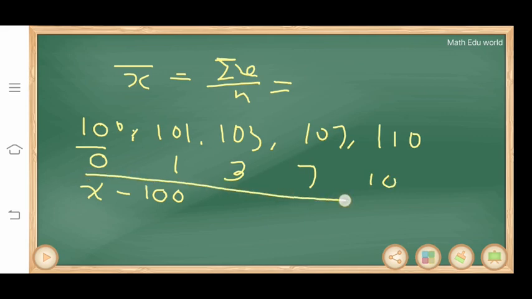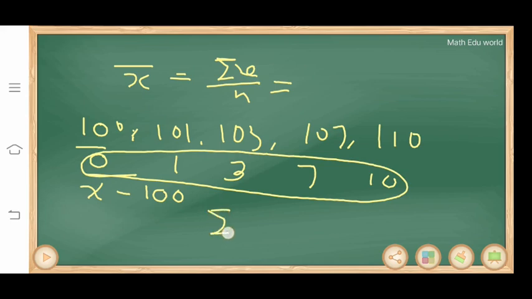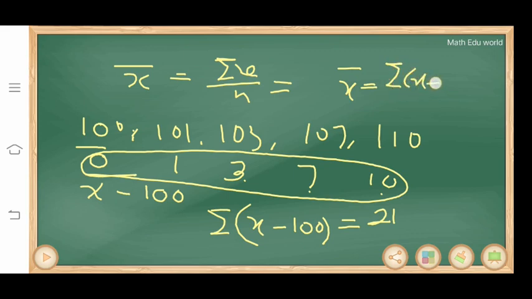Now it is very easy for us to calculate the sum of these values, that is known as sigma x minus 100, which we can easily calculate as 10 plus 7 is 17, plus 3 is 20, plus 1 is 21. Now what we need to do is use the usual formula for mean x bar, which is nothing but sigma x minus 100 divided by n.